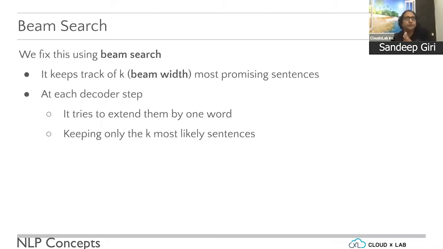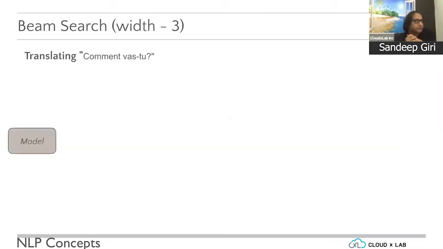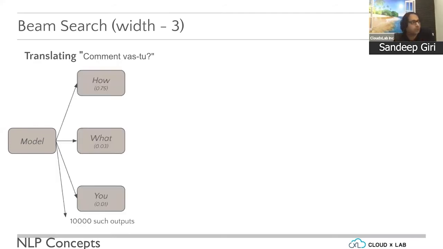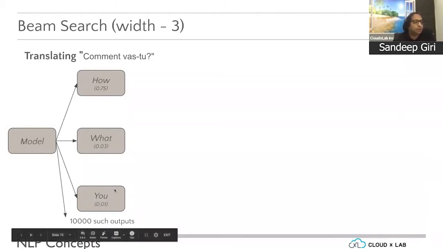At every stage, let's say we trained a model and the model is doing very well. To this model, we gave the sentence "comment allez-vous". Now, this model has given us an output where three suggestions are the most predominant.